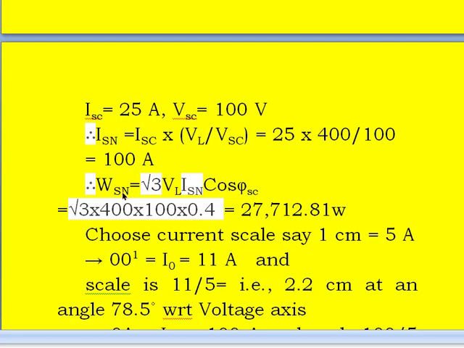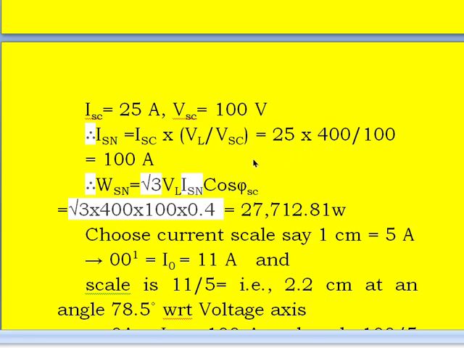Having known this under this 400 volts supply application, now we can calculate the copper loss when the normal voltage is applied under short circuit conditions, that is WSN, given by root 3 VL ISN into cos phi SC. Cos phi SC is already available in the data.